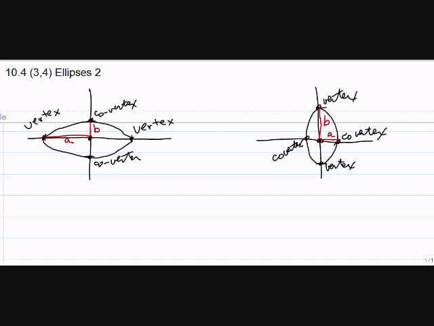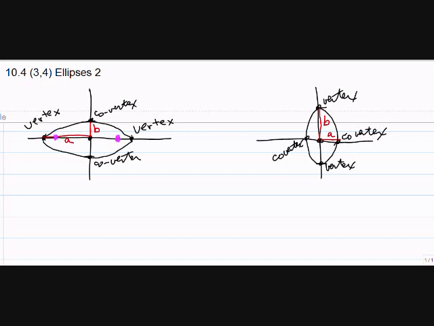And on these, just like on our parabolas, we have a focus. We have two foci. They are along the longer axis. So if it's one of these that's horizontal, the foci are on the same axis as the vertex there.